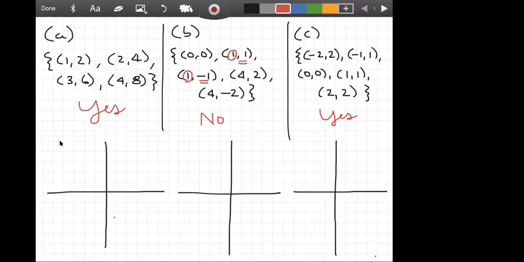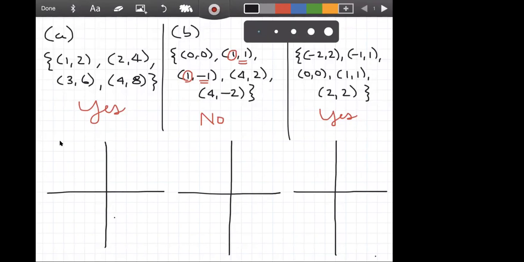I can't remember if I got to this point on the slide. I don't think I did, actually. But the next thing I wanted to show you is what it looks like when you graph these ordered pairs. We're going to see something that the two functions have in common that letter B does not.